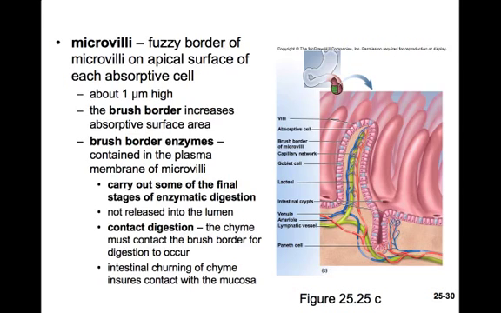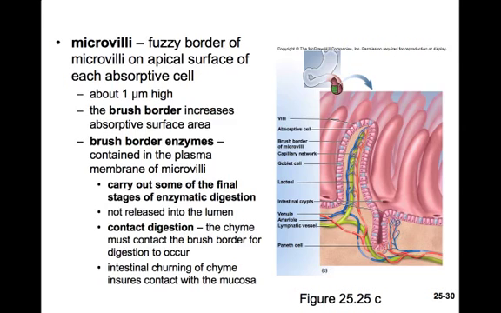The microvilli are on the apical surface of each absorptive cell. So you can see them very finely pictured here, microvilli on the top of each epithelial cell. And those are only about 1 micrometer high. We call these microvilli the brush border, and it really increases the absorptive surface area.